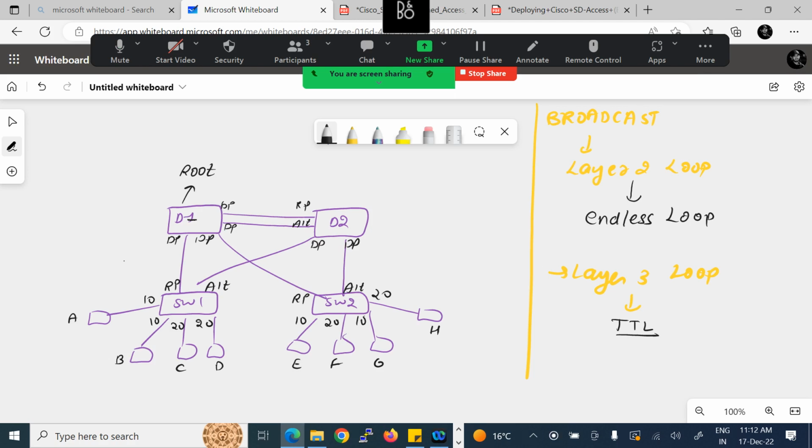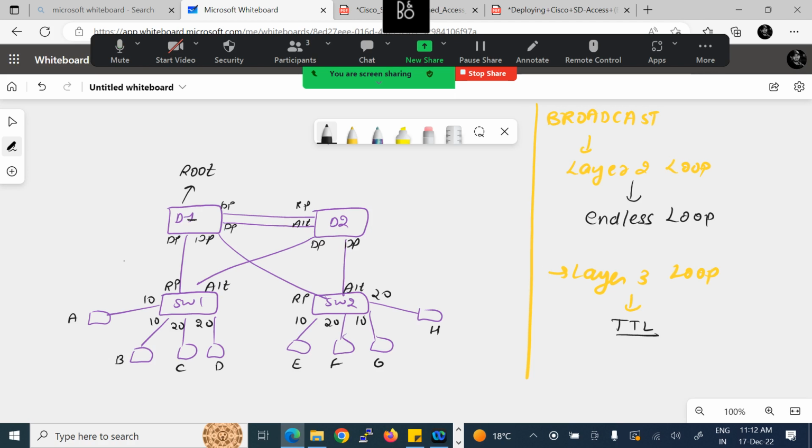So what is the first problem? The first problem is that I won't be able to utilize all the links.